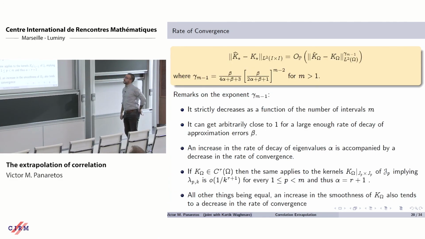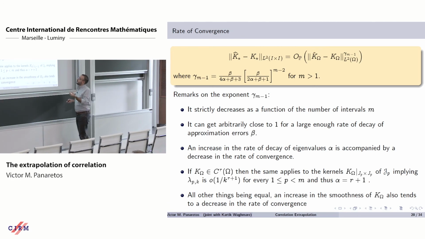Quick observations. The main issue here is that higher smoothness worsens that decay rate, which is counterintuitive. You would expect that a smoother covariance is easier to estimate, but again, you go through an inverse problem. But of course, if the things you're trying to approximate by finite dimensional projections are effectively low dimensional, then this improves your convergence rate.